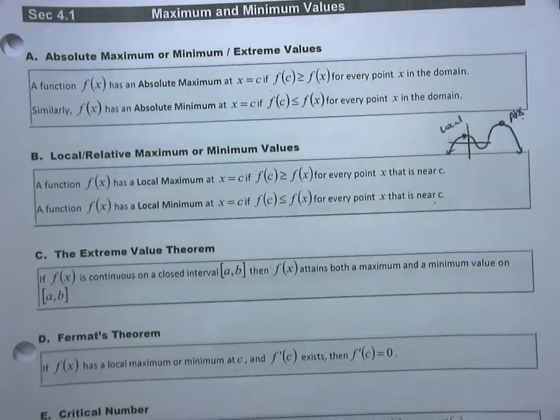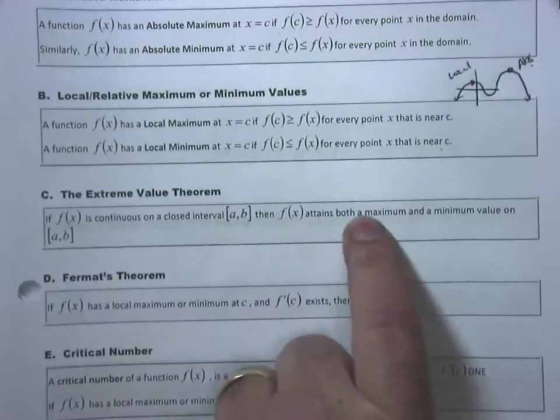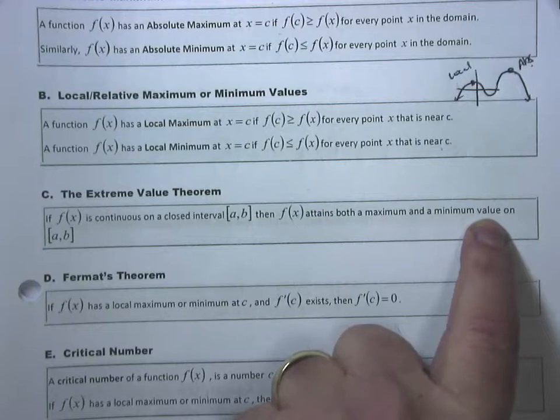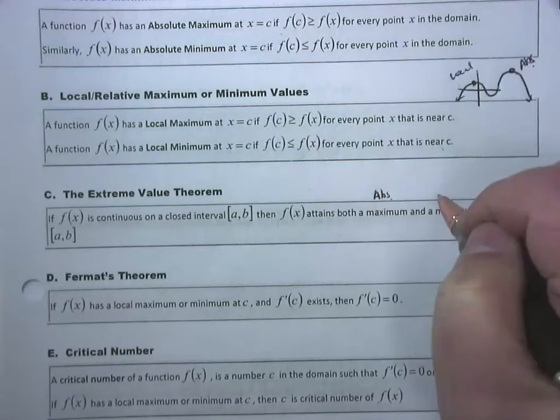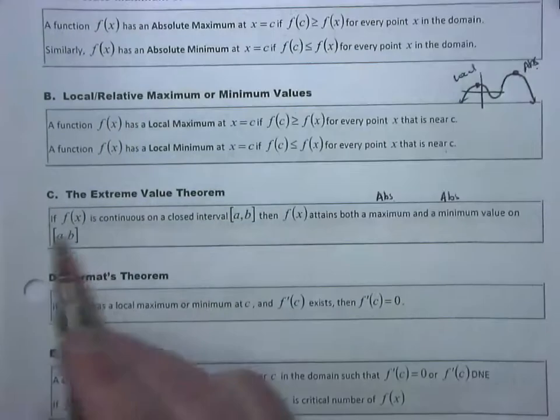The extreme value theorem. If f of x is continuous on a closed interval between a and b, then f of x attains both a maximum and a minimum value, and these will be absolute maximums, and I can put ABS on this. Absolute maximum and absolute minimum value on that closed interval.